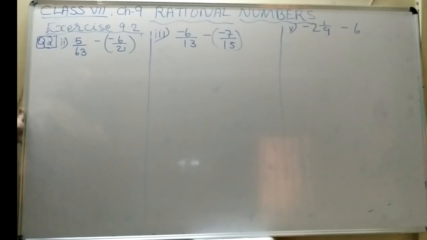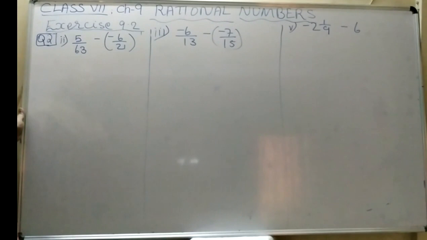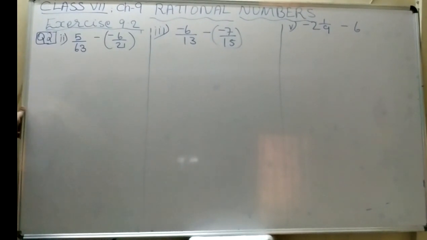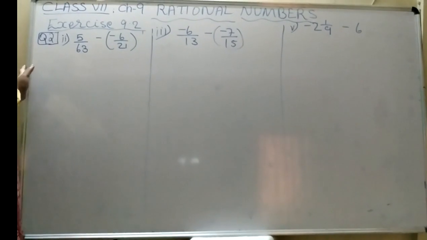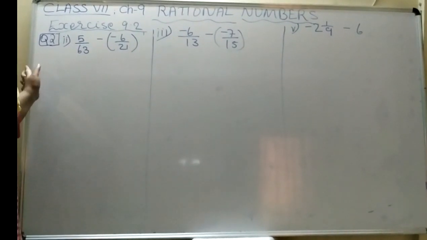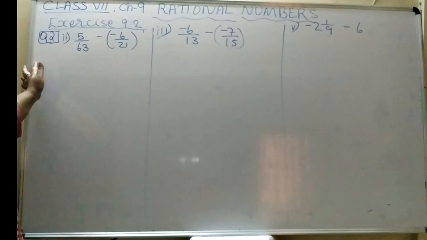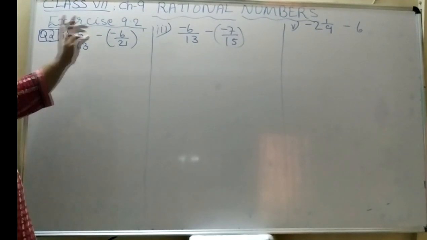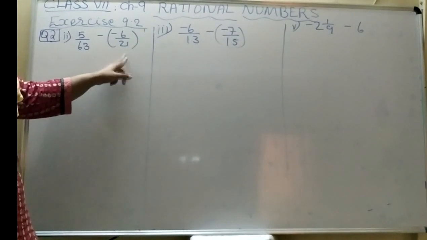Find 5 upon 63 minus 6 upon 21. Children, we have to subtract minus 6 upon 21 from 5 upon 63. Subtraction of rational number means take the additive inverse of the second number. Second number means the number to be subtracted.